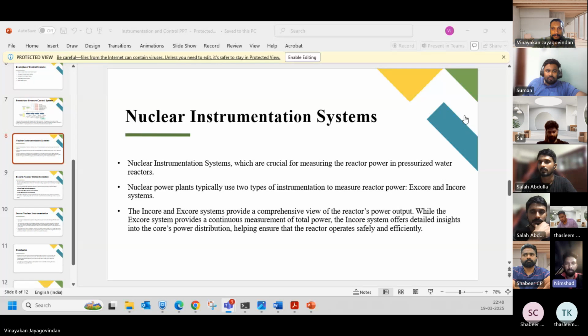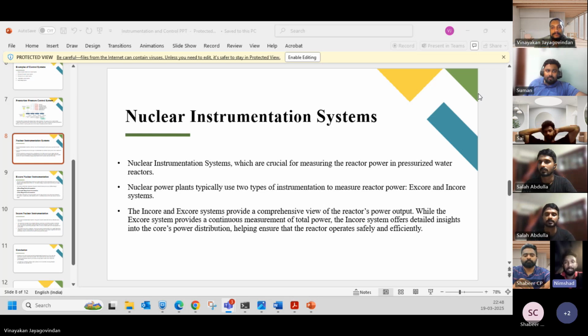Yes, proceed. The nuclear instrumentation system plays a crucial role in measuring the reactor power in a pressurized water reactor. There are two types of nuclear instrumentation systems we use in a nuclear power plant: ex-core and in-core systems.